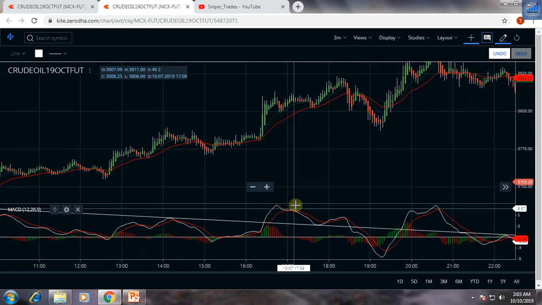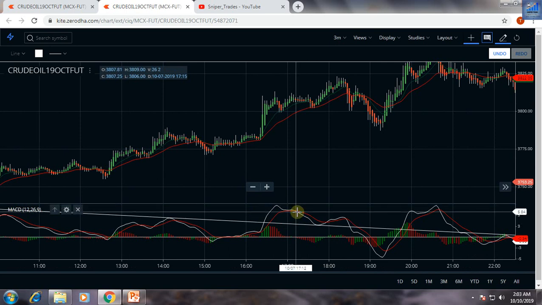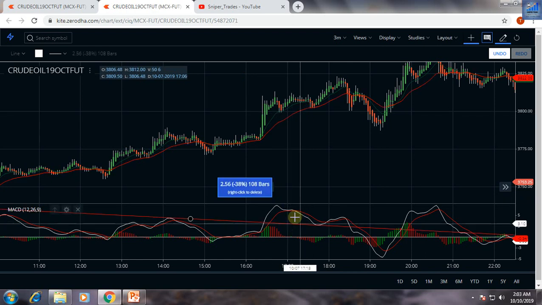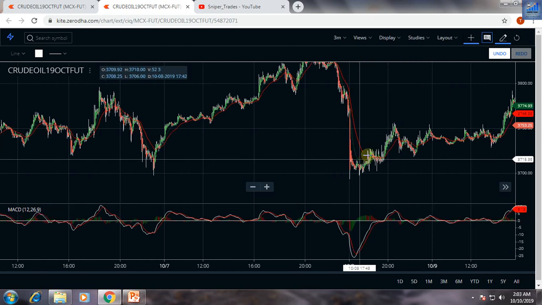And whenever this MACD line is crossing below this signal line, that is the red line, we can consider exiting our position or trailing to cost or trailing to profit. So that is the simple trend line method to trade.